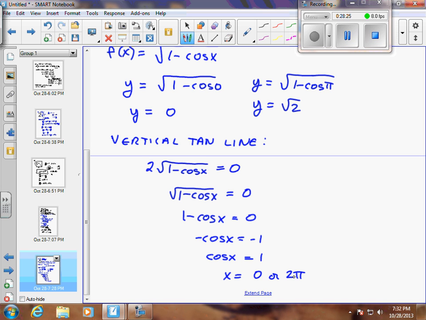Not pi this time. So we have vertical tangent lines every 2 pi radians. The same as the what?